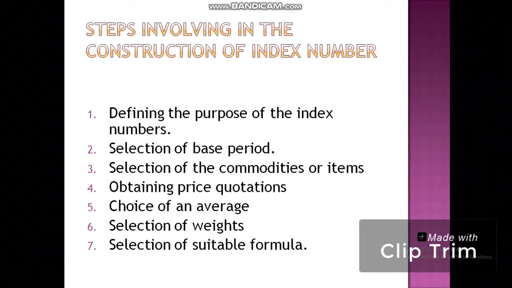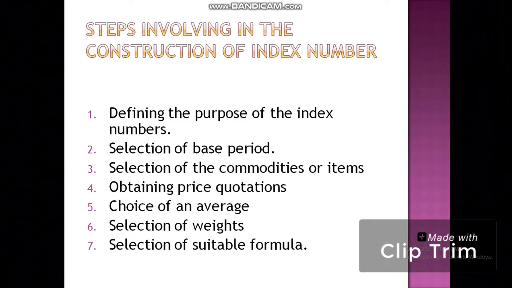Usually, this Laspeyres' index number includes the price of the current year, the price of the base year, and the quantity of the base year. Suppose we have only these three data, that is the price of the current year, the price of the base year, and the quantity of the base year, then Laspeyres' index number is used.